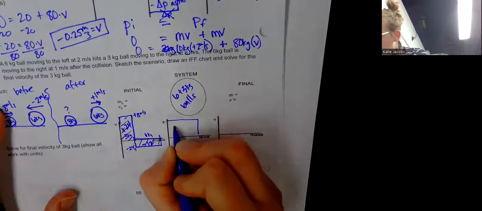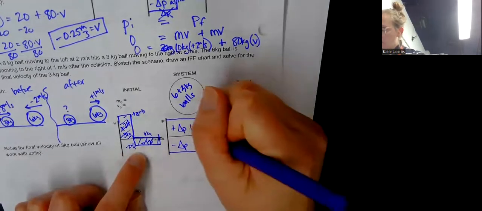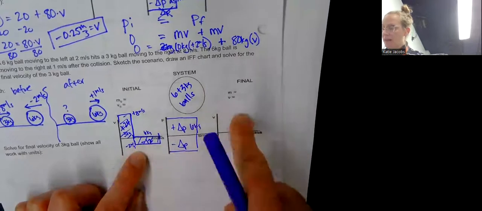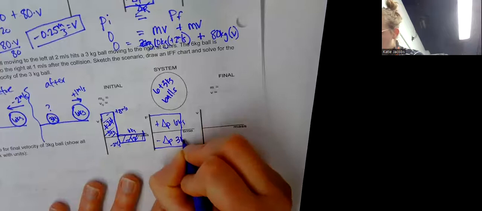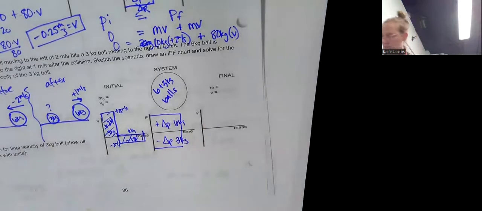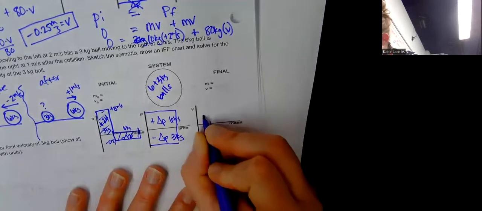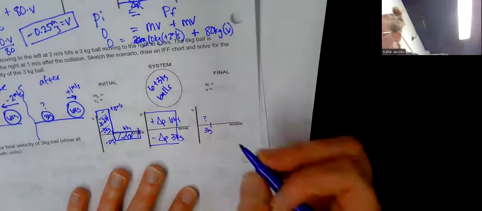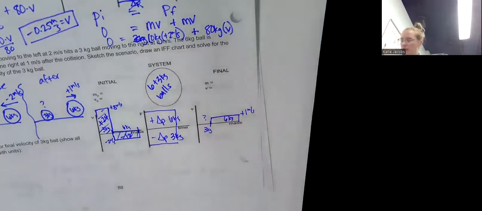I know that one is going to gain and one is going to lose the same amount of momentum. I think the 6 kilogram one is the one that gains because it's going to go from negative to positive. The 3 kilogram one is the one that's going to lose momentum. So I'm putting a question mark by the 3 kilogram, but by the 6 kilogram, I know that it has turned around and it's moving at positive 1 meter per second.